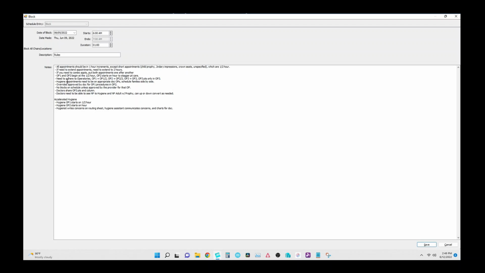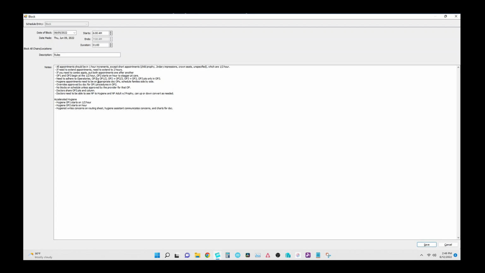Hygiene appointments need to be on the appropriate doctor operatories, okay? So when doctors are pulling, or when we're overflow from hygiene and accelerated hygiene, a prophy needs to go into OP1 or OP2. Preferably on that OP1 as it's designated on the appointment type, okay?